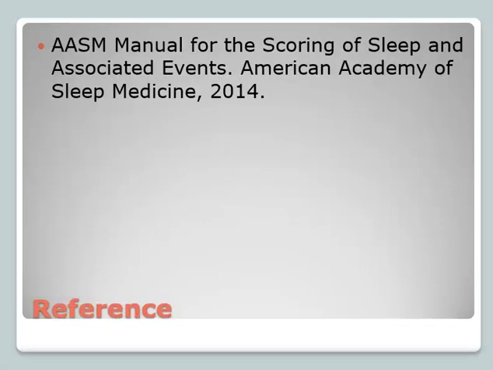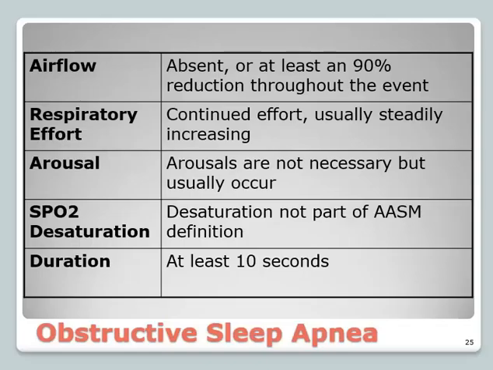Okay, so basically, how I explain obstructive sleep apnea to patients is it's like a spectrum disorder, in that you can have a number of different event types that count towards the diagnosis. On the severe end would be an apnea, where you stop breathing completely. On the milder end would be your RERAs.